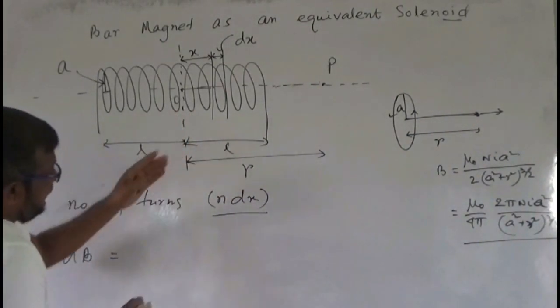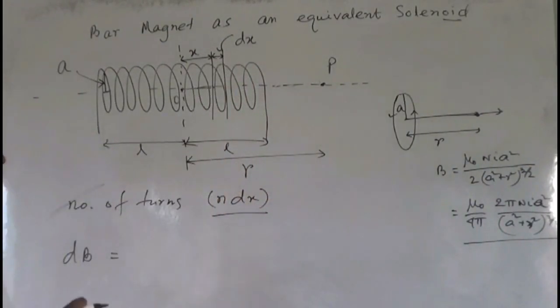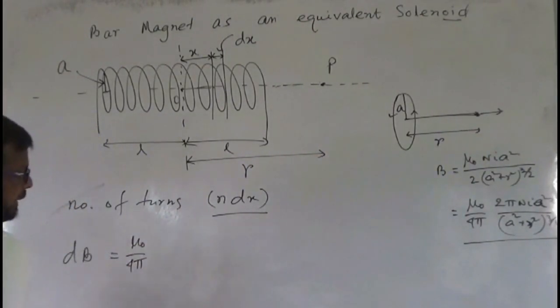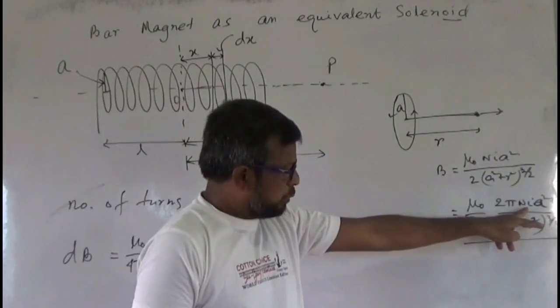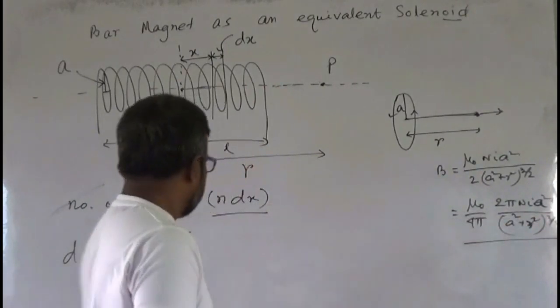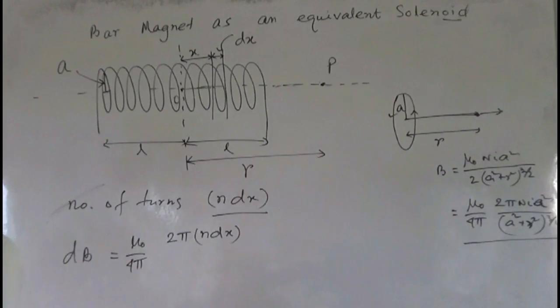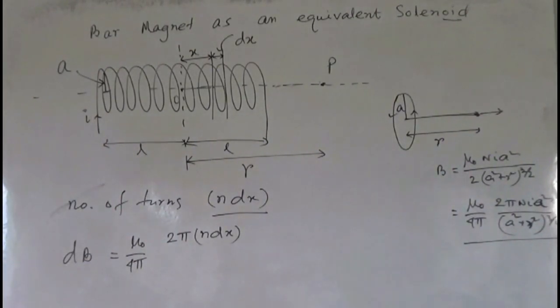Now, therefore, the field at P due to this elementary circular coil will be equal to mu naught by 4 pi, 2 pi. Now n is the total number of turns; here the number of turns is n into dx, and I is the current flowing through the solenoid.